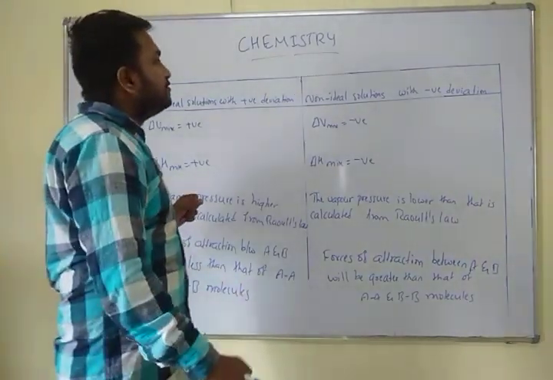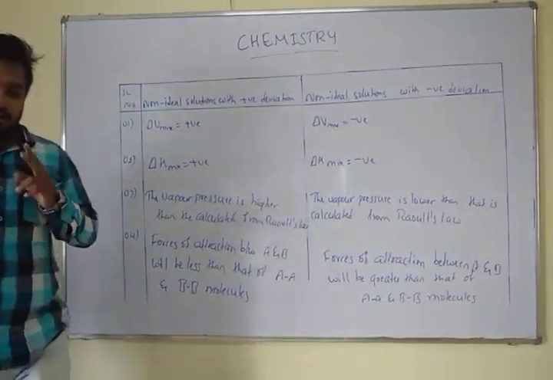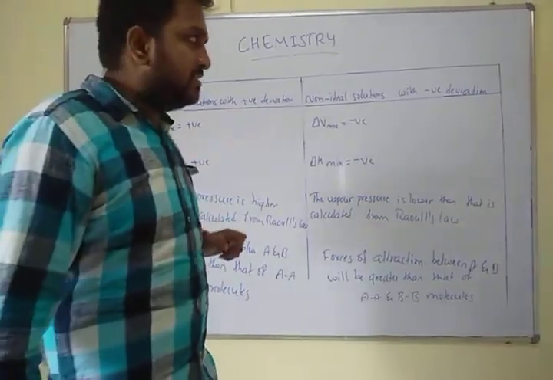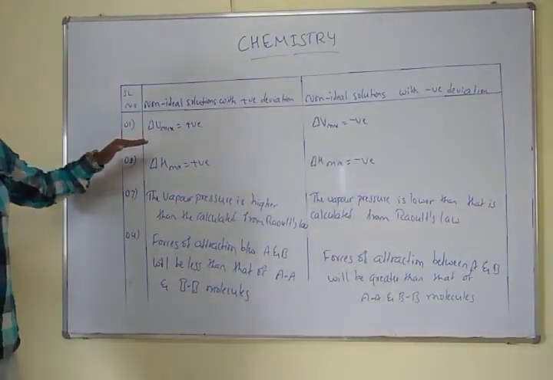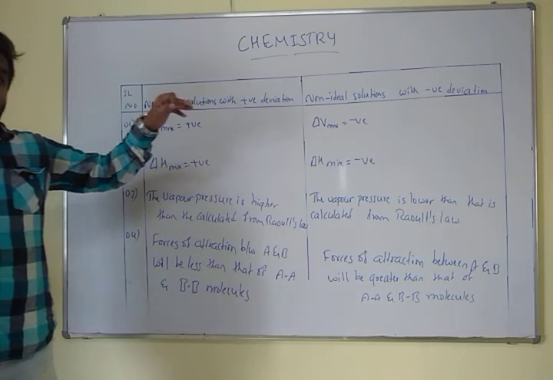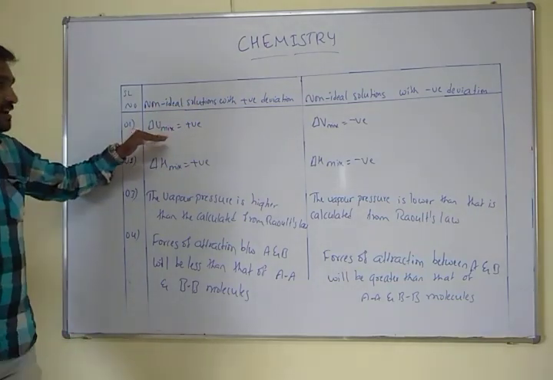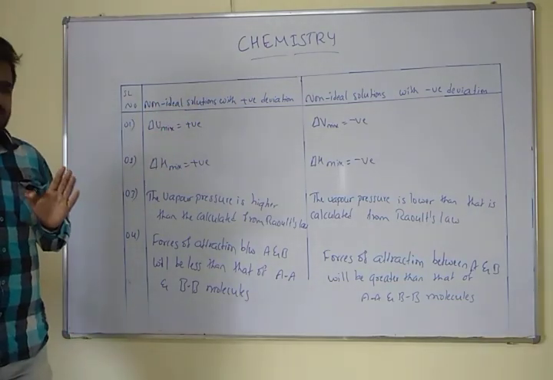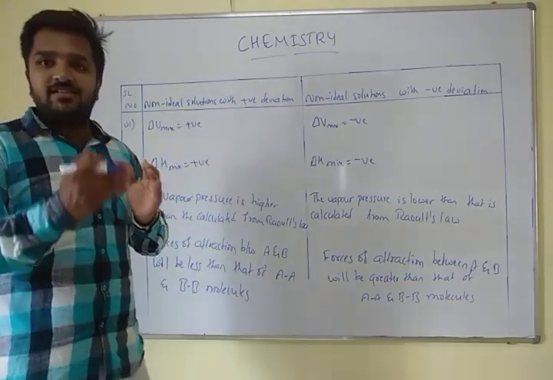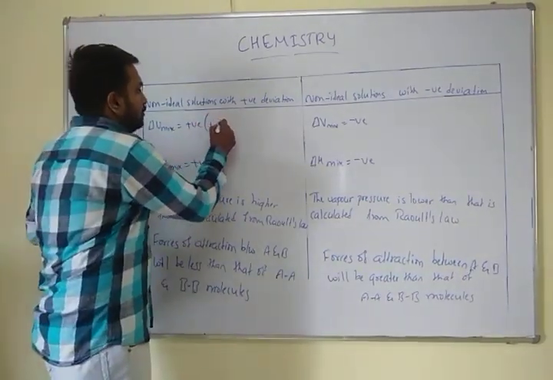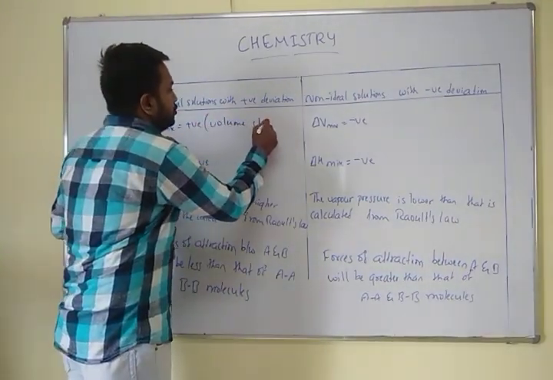Yes, students, coming to the differences between two types of non-ideal solutions. In case of non-ideal solution with positive deviation, delta V mixing should be positive. That means the volume should increase on mixing.